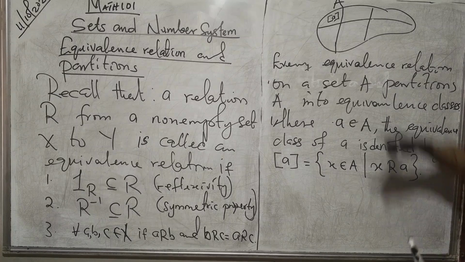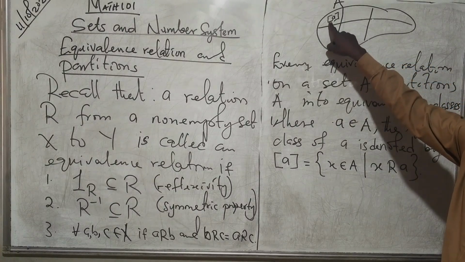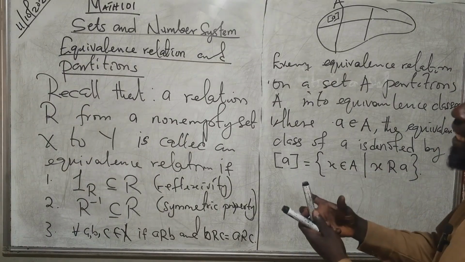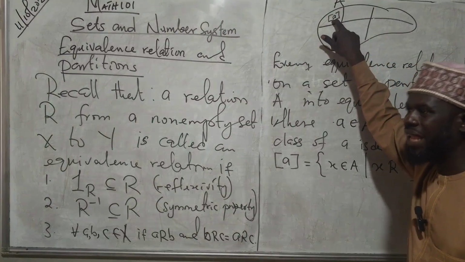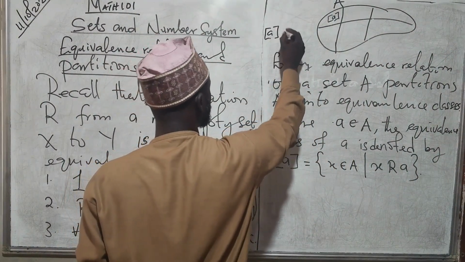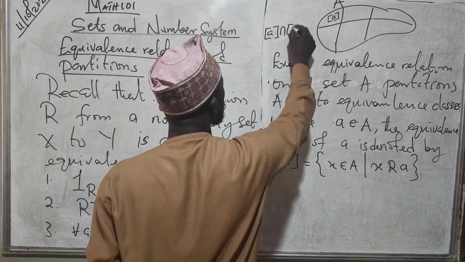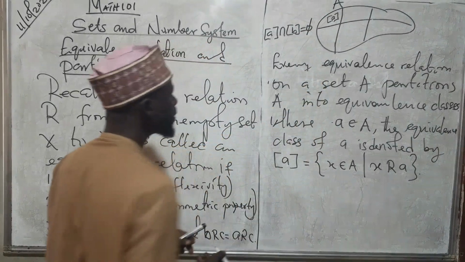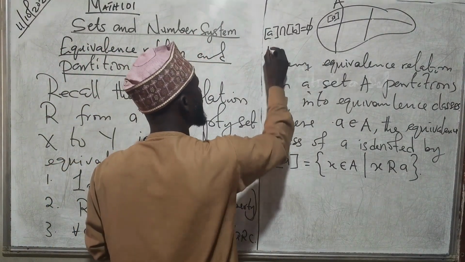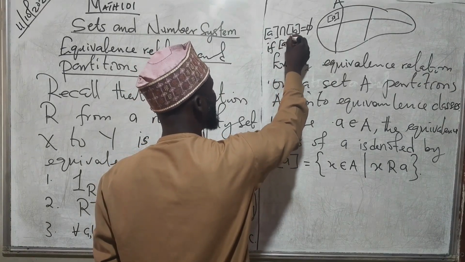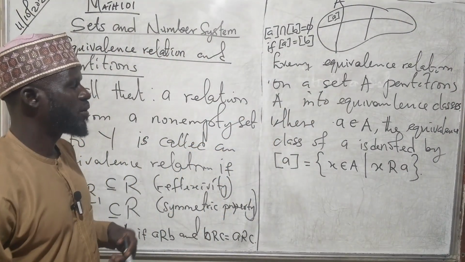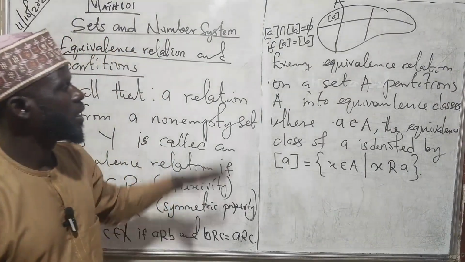Elements will be in the equivalence class of A if and only if they are related to A. If an element B is not in the equivalence class of A, it means it is not related to A, and we write the equivalence class of A intersection the equivalence class of B is empty. Once A and B are not in the same equivalence class, the intersection is empty.